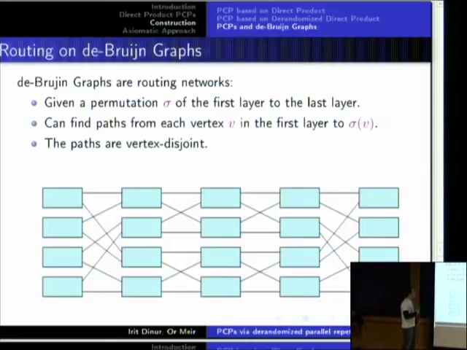And we consider a case in which every computer in the first layer wishes to send some packet to some computer in the last layer, such that no two computers wish to send a packet to the same computer. Or in other words, the mapping of source computers to target computers is a permutation. Then we can find vertex disjoint paths that connect source computers to target computers.